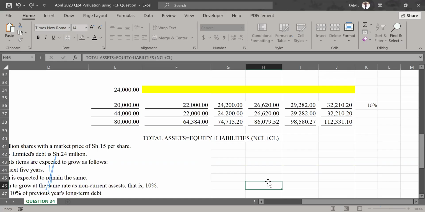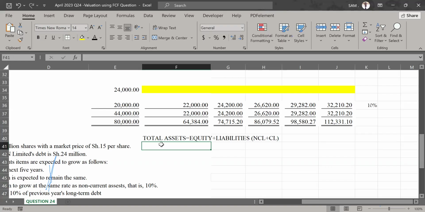That is what we know. So that means total assets, if I can use initials to represent the same, is equal to equity plus non-current liabilities plus current liabilities, like that.